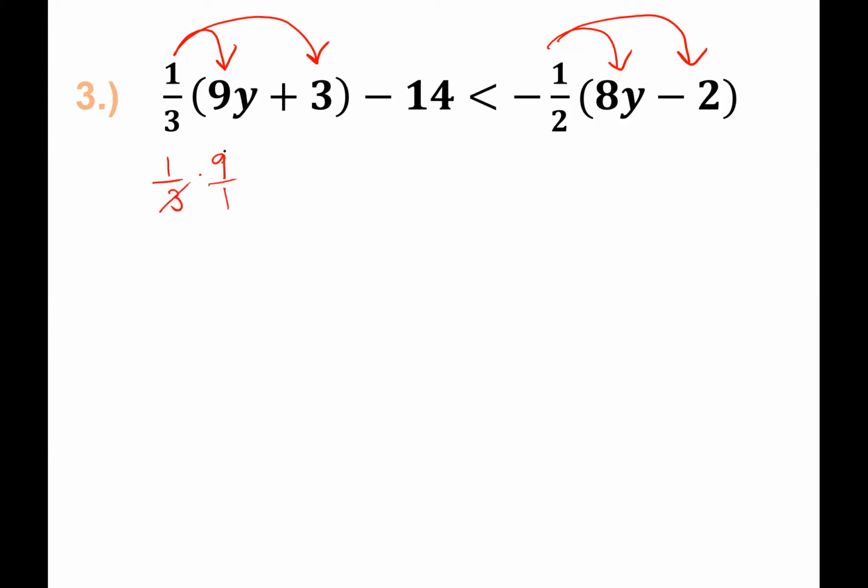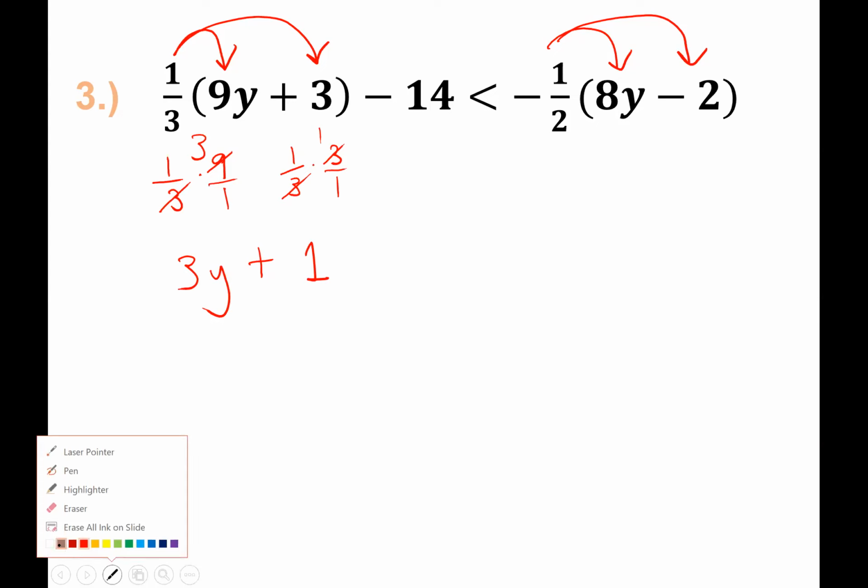The 9 and the 3 can be reduced by dividing by 3. We essentially get 3y for our first term because 1/3 times 9 is 3. Plus, next we distribute the 1/3 times 3, which is really 1/3 times 3 over 1. The 3's cancel out and we just get 1. So 3y plus 1 is where we are so far.